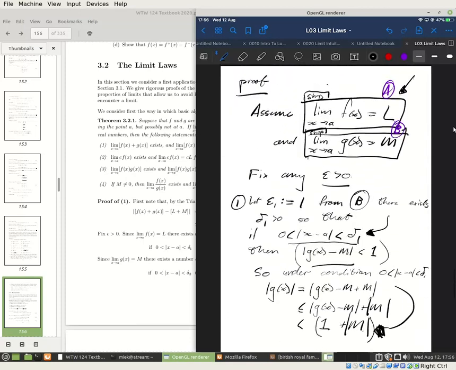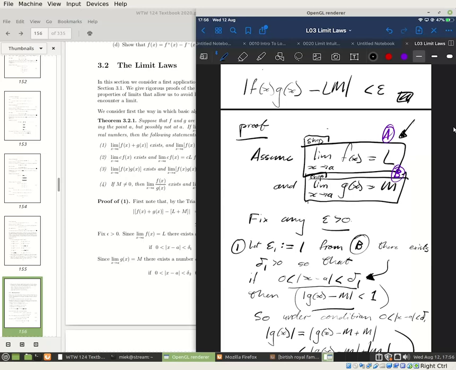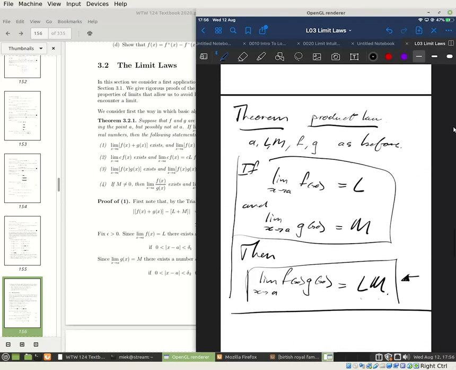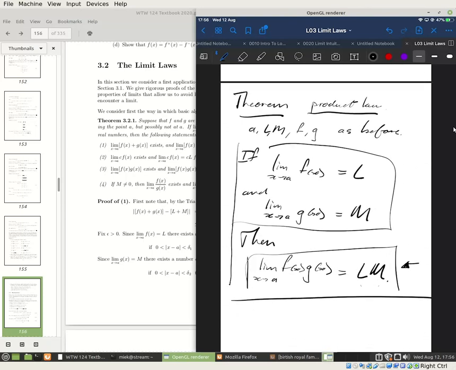Okay. So let's go through this again. Just to recap. We want to prove the product law for limits.